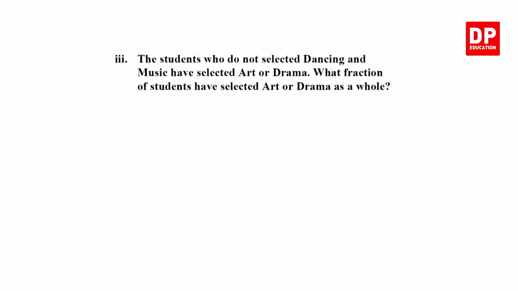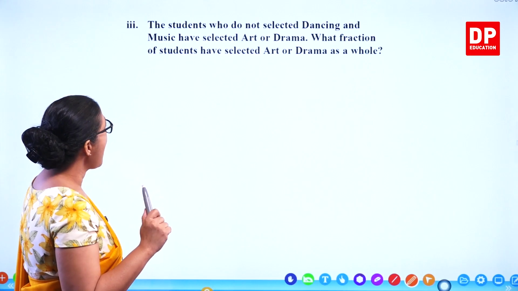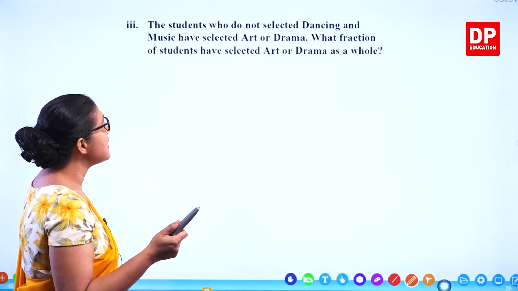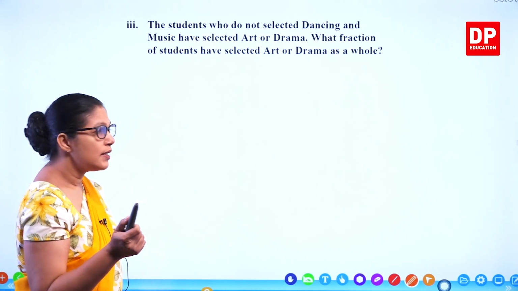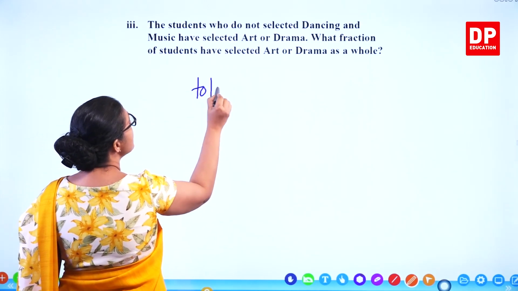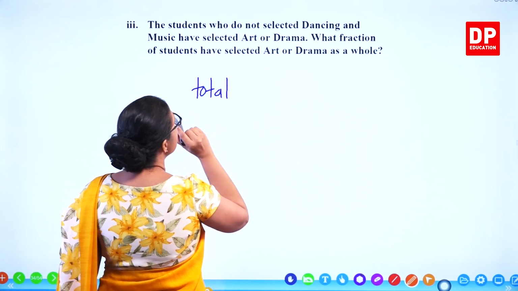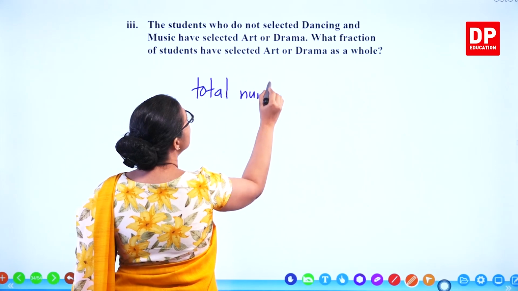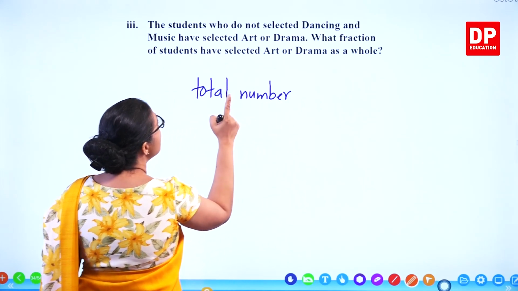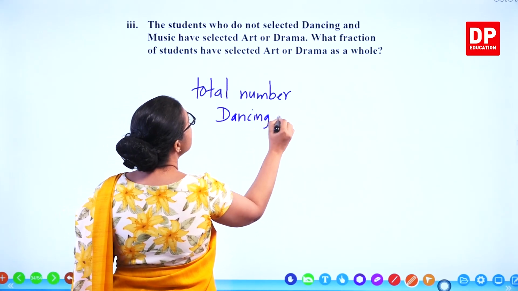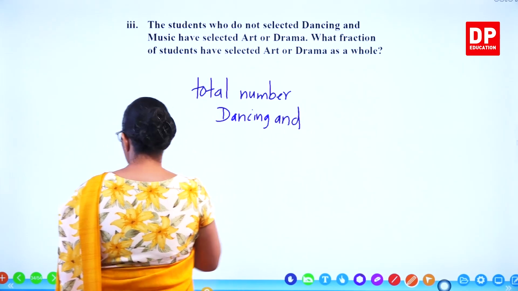The students who do not select dancing and music have selected art or drama. What fraction of students have selected art or drama as a whole? Now we need to find out the total number of students who selected dancing and music.